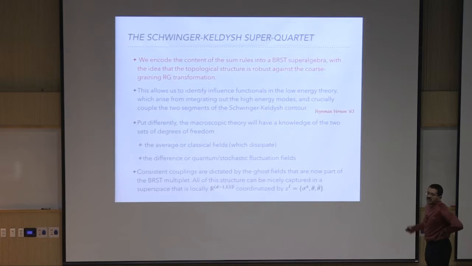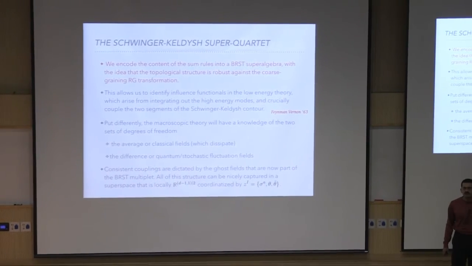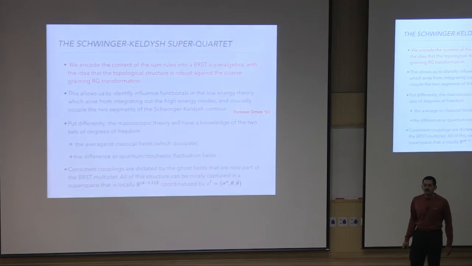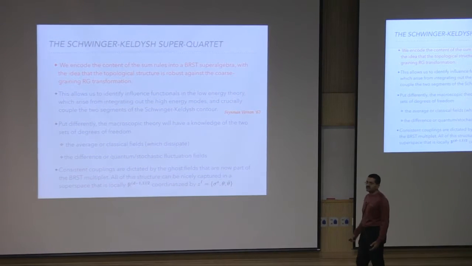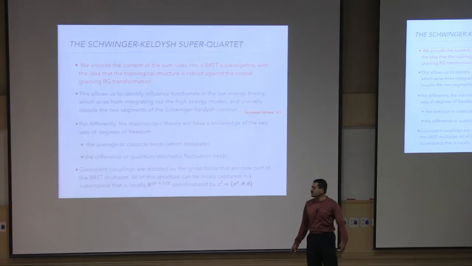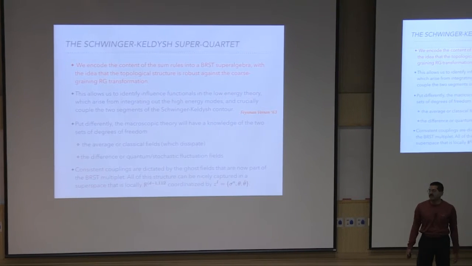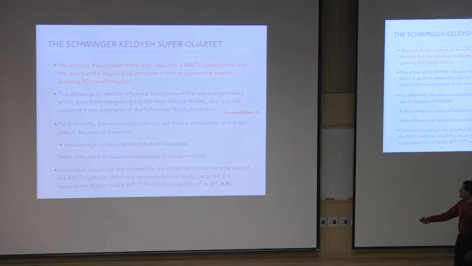The macroscopic theory cannot by itself exist with just the pure hydrodynamic degrees of freedom, because those only know about response functions. They don't know about the fluctuations that go hand in hand with the response functions. An effective field theory should allow you to talk about both the responses and fluctuations, and therefore you need some kind of double set of degrees of freedom. And we will see this explicitly.